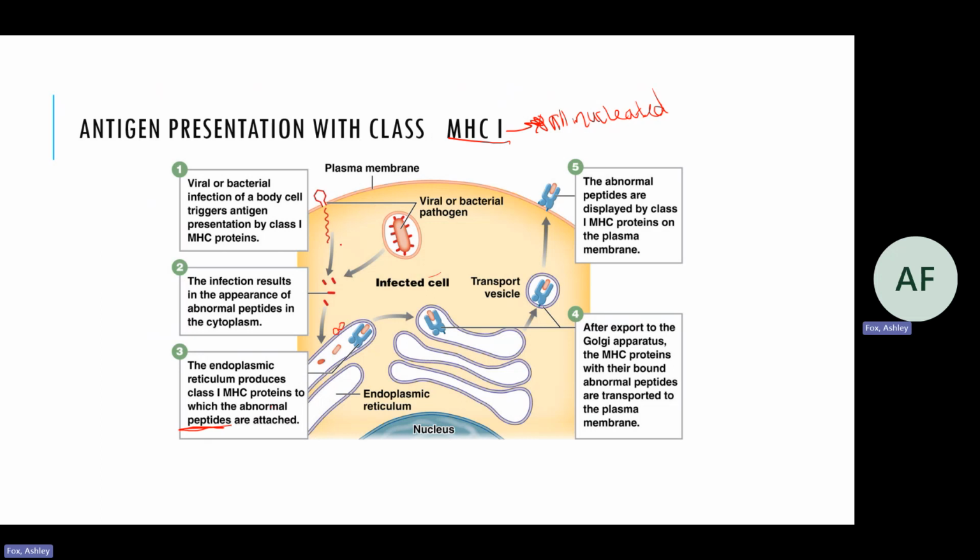So it's going to take a piece of it and present it on its MHC1 protein. It processes it, cuts it up into pieces and shows a piece off. So then again, T cells can come along and recognize that specific piece and do its job. We'll talk a lot about this when we get to cell-mediated immunity.